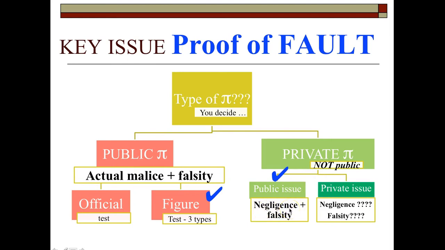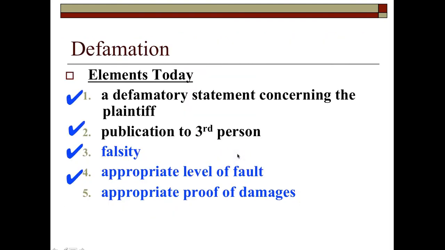So watch out and see if someone's a private figure on a public issue. The court tends to push people down to private figures on public issues. So if you're unsure, lean towards classifying them as a private plaintiff on a public issue or a private plaintiff on a private issue. The last element we have to look at is the appropriate proof of damages.